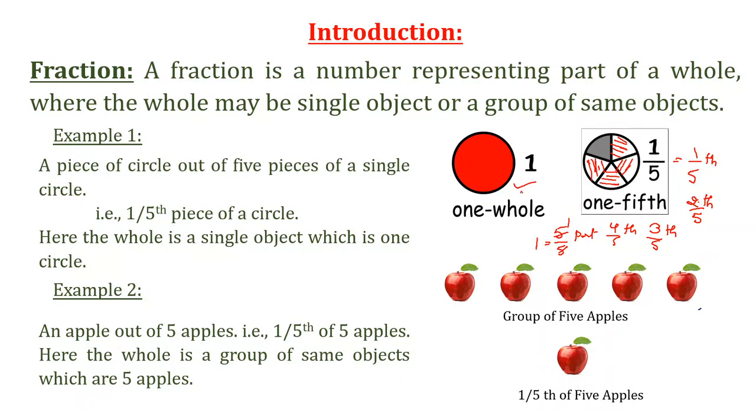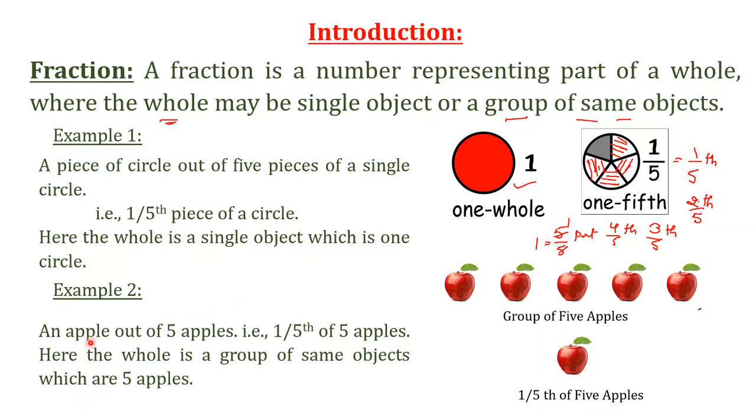Like that we can define the fraction by using a single object. Or see example 2: an apple out of 5 apples. I am taking a group of same objects. Observe here, in the second part of the definition, the whole may be a group of same objects.